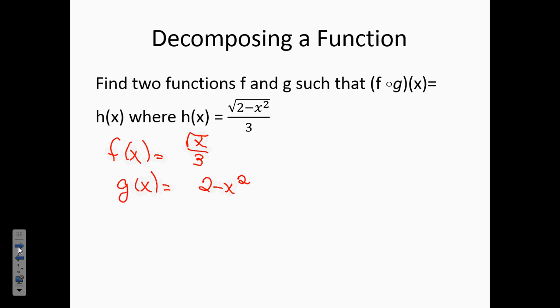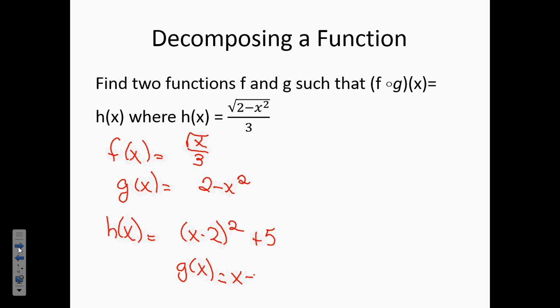If h of x is x minus 2 squared plus 5, what could be my g? x minus 2, and it's possible.